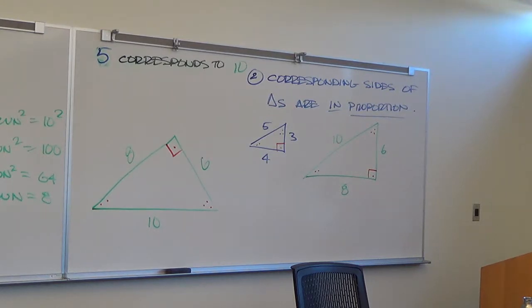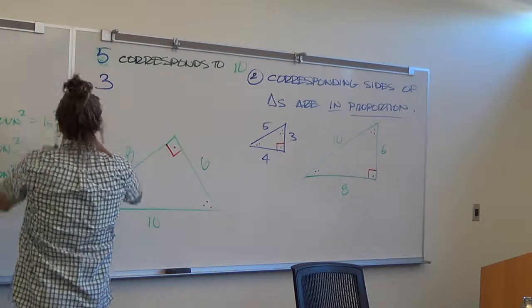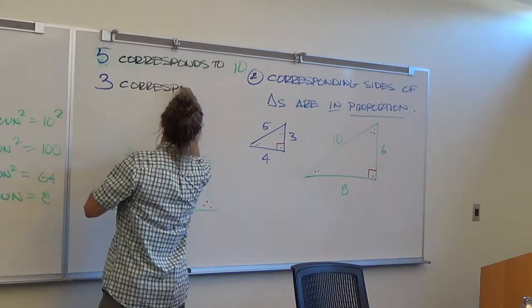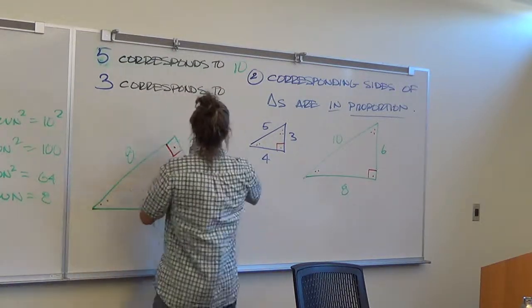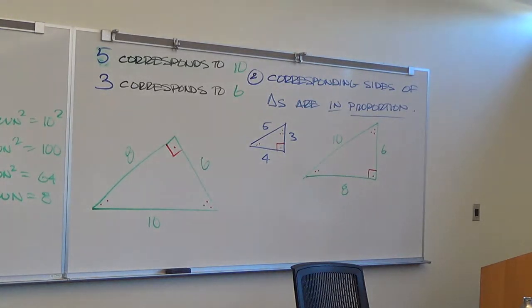Give me another set that corresponds. 6 is green. Ashley, go ahead. So 3 corresponds to 6, yes? If I go in the same order, it's okay. Give me the last one. 4 and 8 correspond.